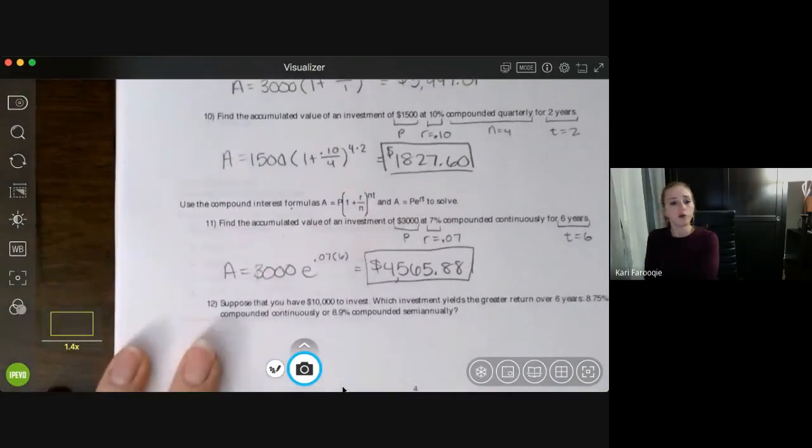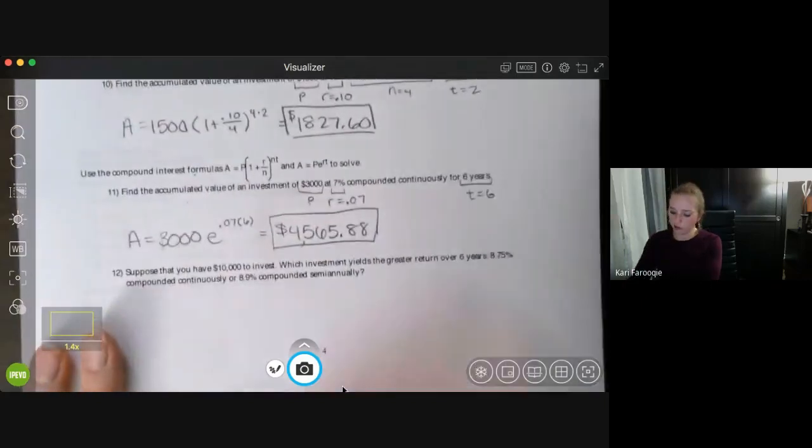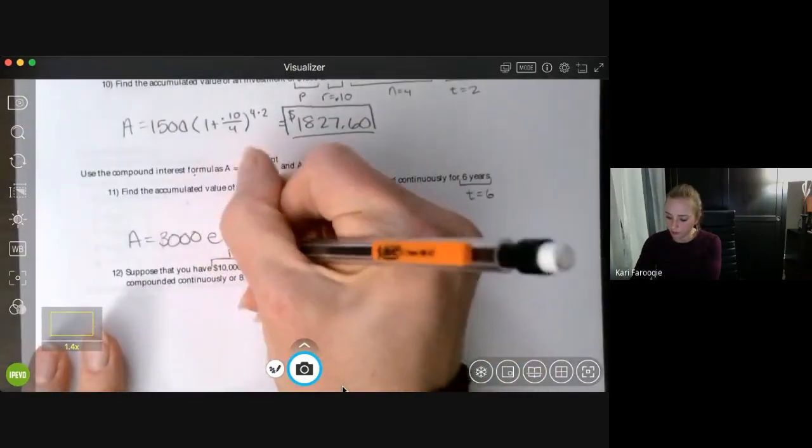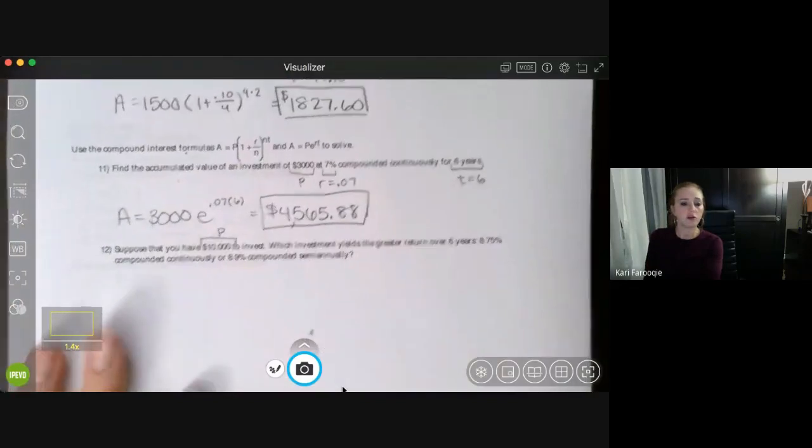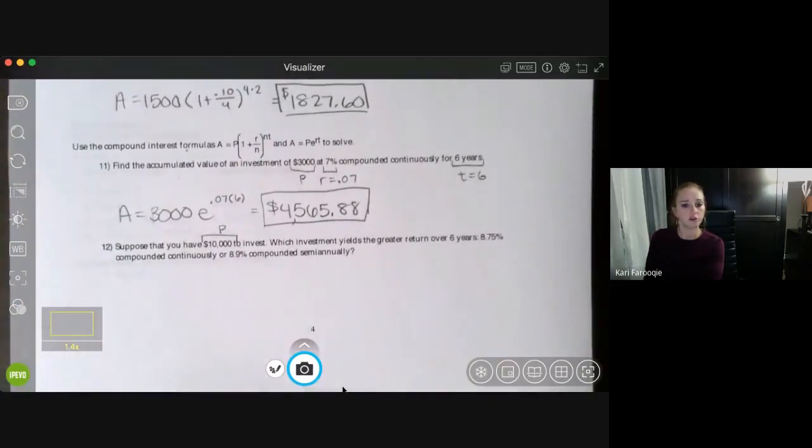All right, suppose you have $10,000 to invest. So there's your principal. Which investment yields the greater return over 6 years? Is it 8.75% compounded continuously or 8.9% compounded semi-annually? So let's do the continuous first because that one's a little bit easier to work with.